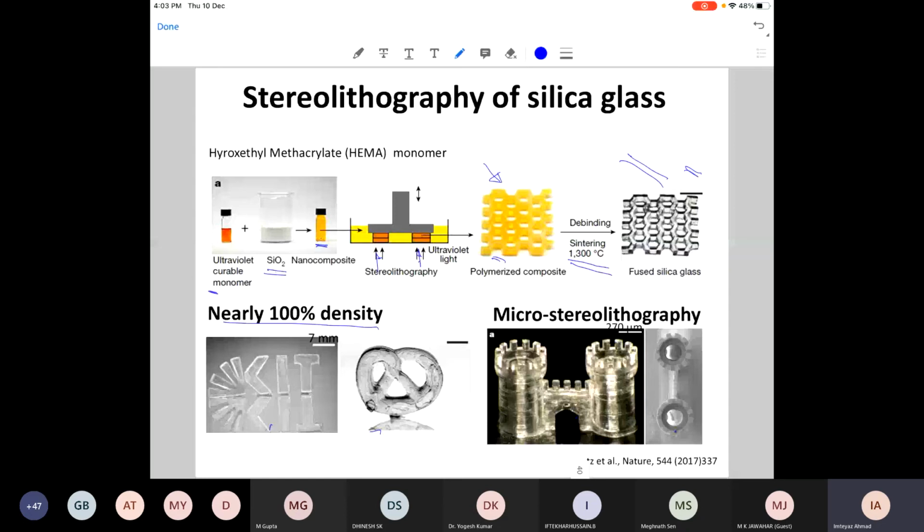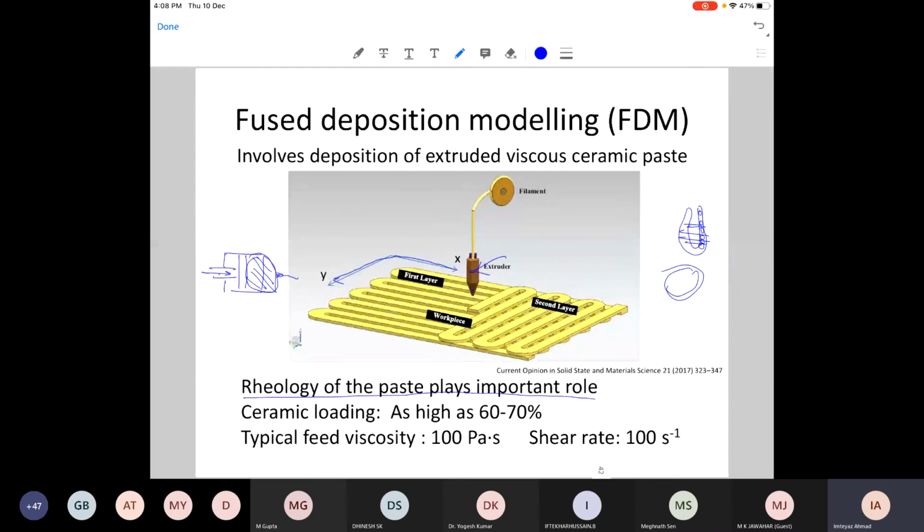And then if you keep on building layer-wise, larger layers, let's say this is a hollow product, so you are depositing larger layers, it should withstand this load also. So you need certain viscosity and certain shear rate with certain loading.